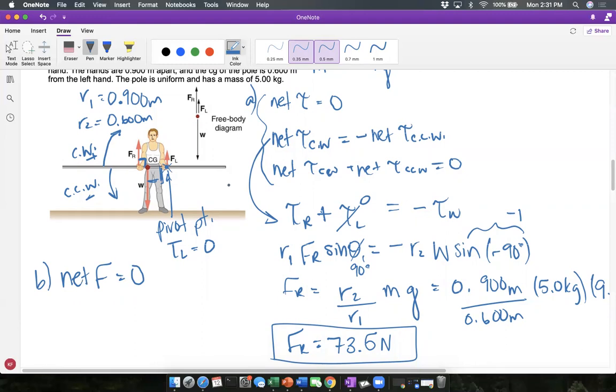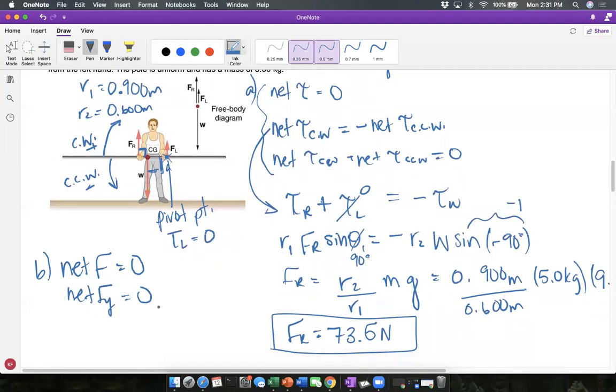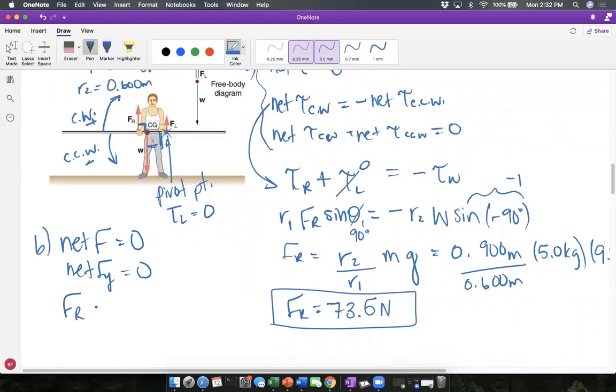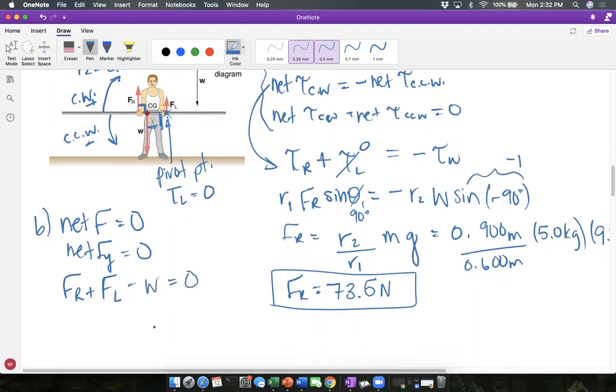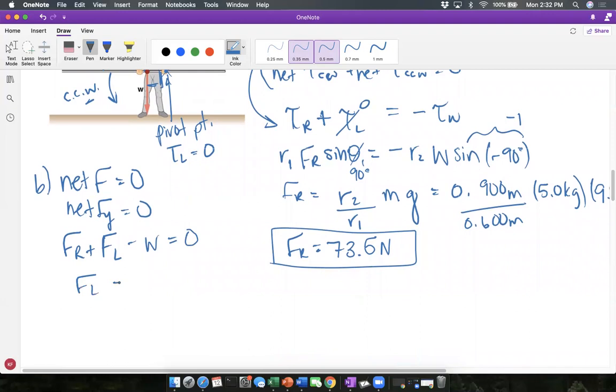We know that everything is in the y direction, so this would just be net F sub y equals 0. So we have F sub R plus F sub L minus our weight should equal 0. So F L should be W minus F R.